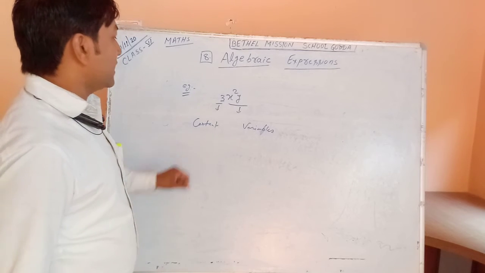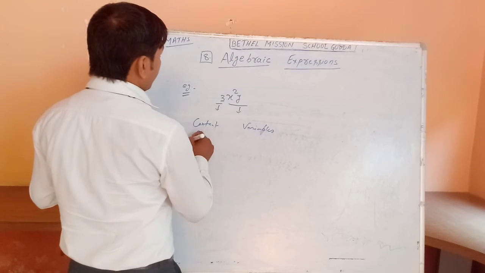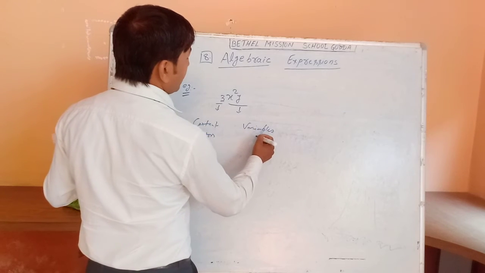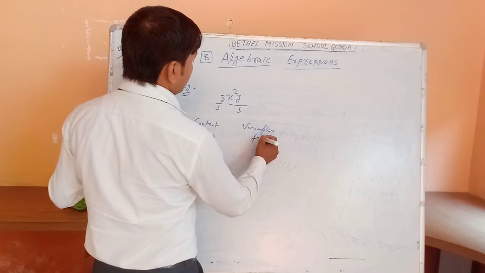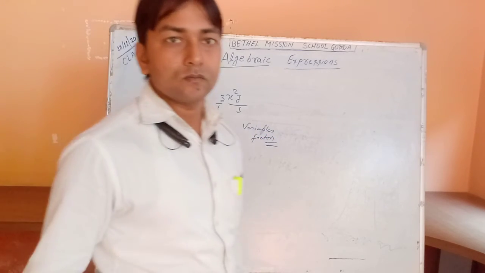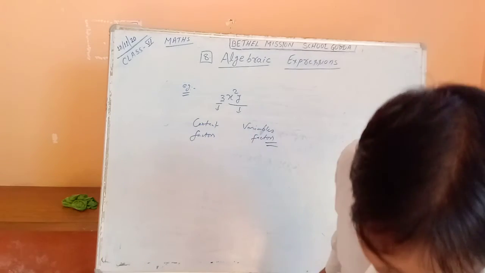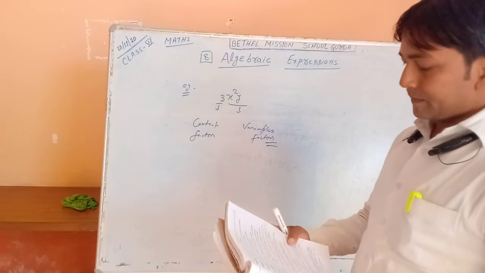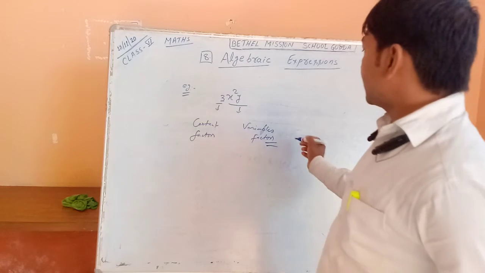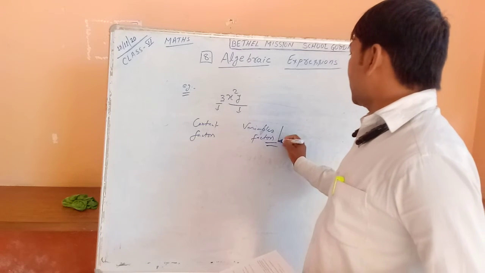So constant terms are called constant factor and variables are called variable factor. Or another way we say it is variable factor, or this is called literal factor.